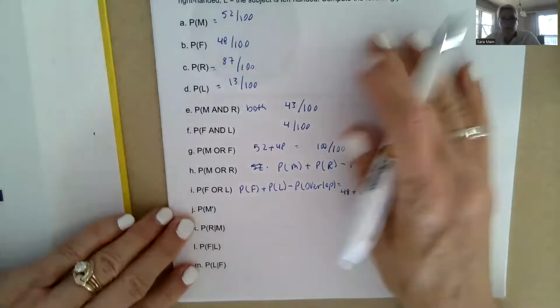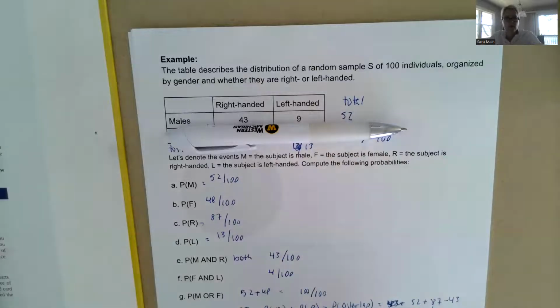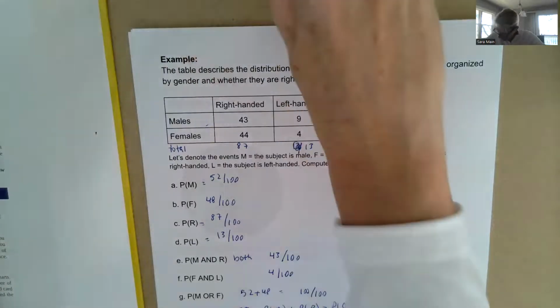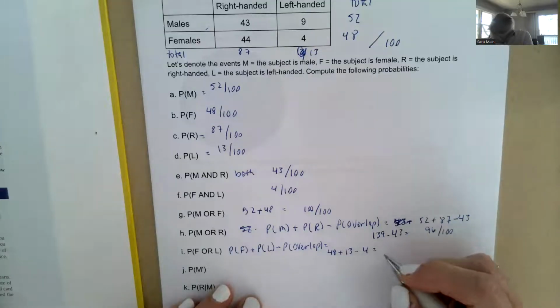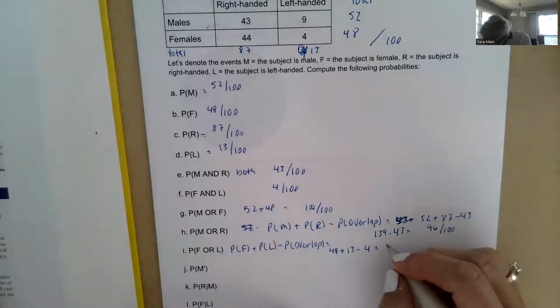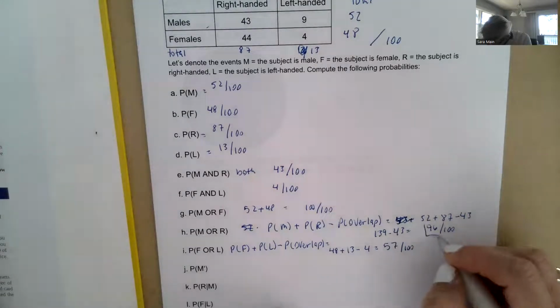And then if you look up, being left-handed and female is going to be this bottom cell right here, 4. So we have to subtract the 4. So that is 48 plus the 13 minus the 4 is 57 out of the 100.